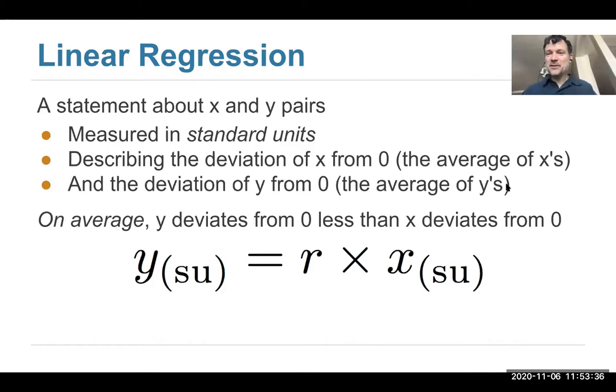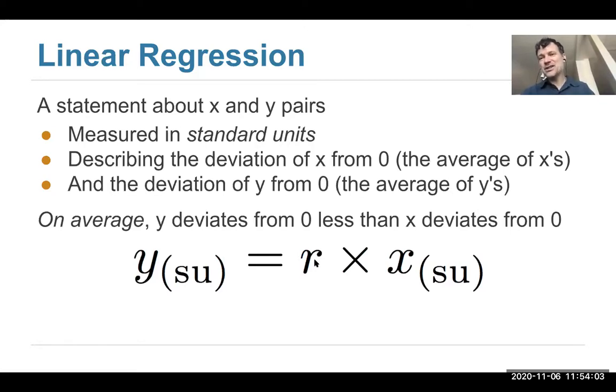So the equation for the linear regression line is that the Y value is a linear function of the X value, meaning some constant times the X value, like Y equals 0.5 times X or Y equals 0.8 times X. And that constant is the correlation coefficient. This pattern we just saw, the slope of that best fit line, turned out to equal the correlation coefficient.